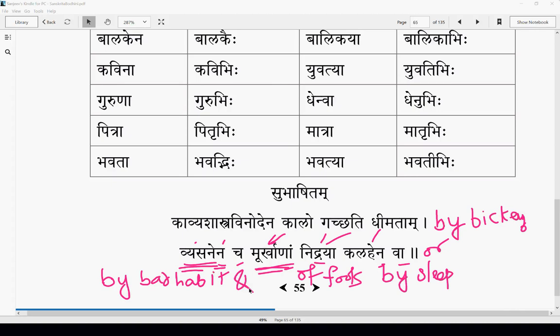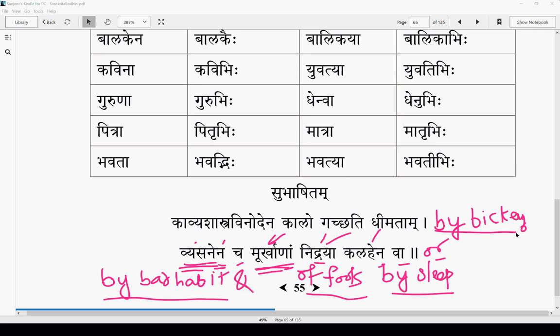So now, Radhika, you can string this together. So by bad habit, of fools, by sleep or by sleeping, or by bickering. I am not sure.